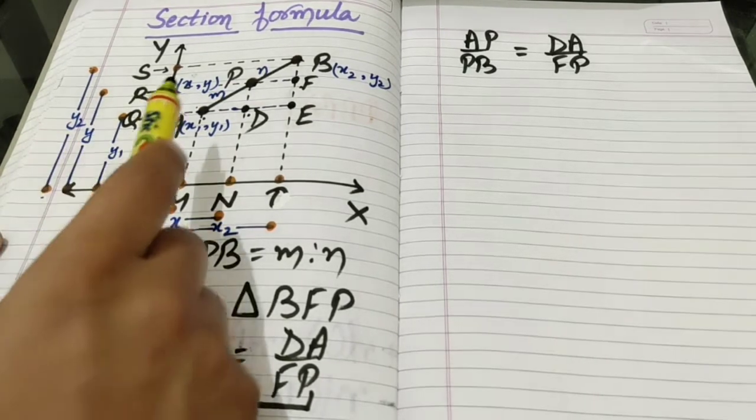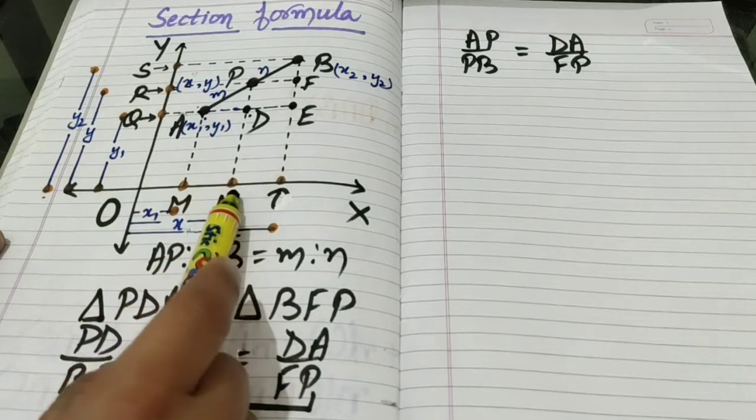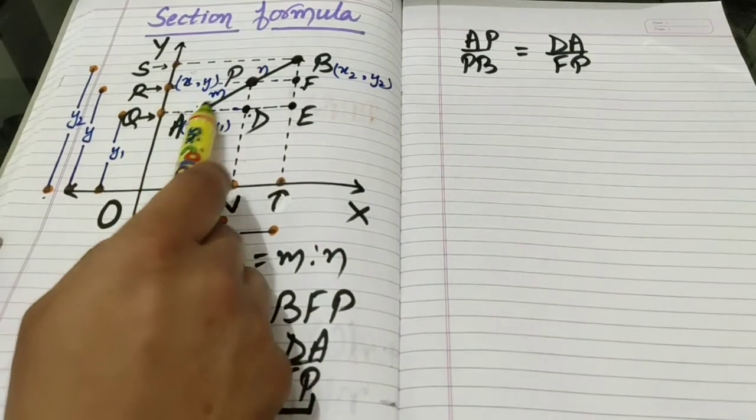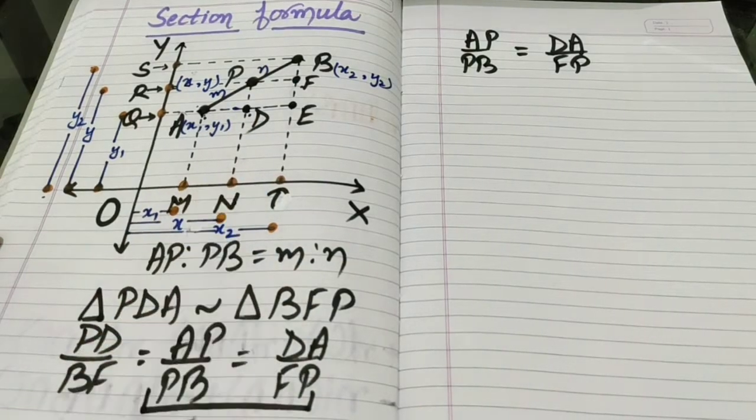Now we can see that ADNM is a rectangle. That is why AD is equal to MN.